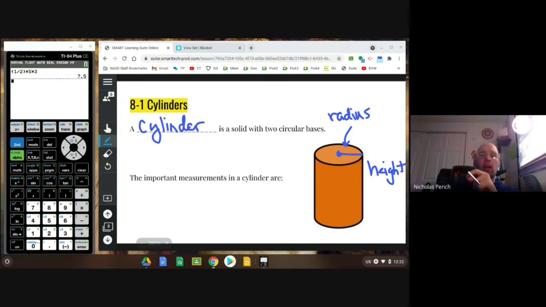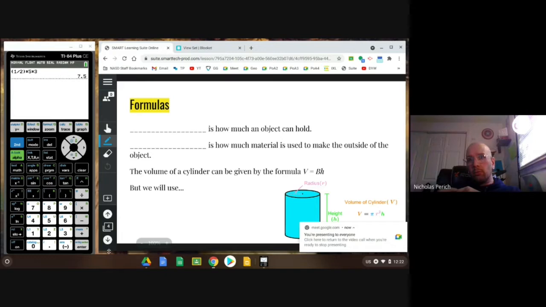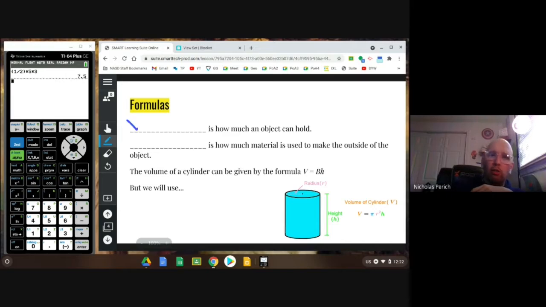I guarantee you that. Now, what we're going to deal with in this chapter is a little something called volume. Volume is how much an object can hold, right?